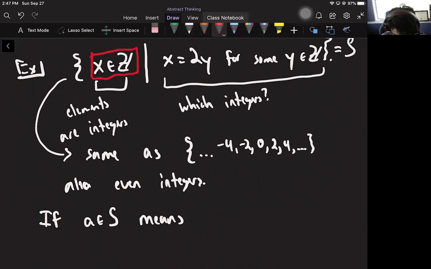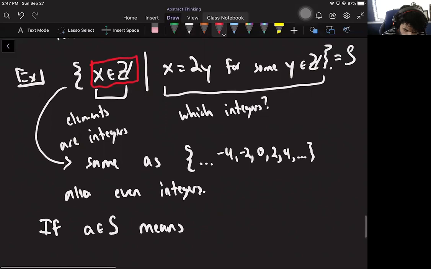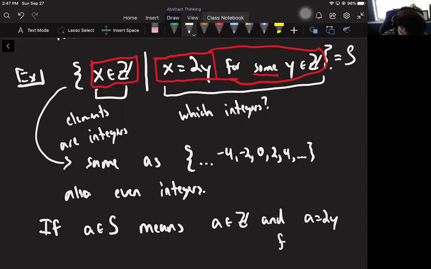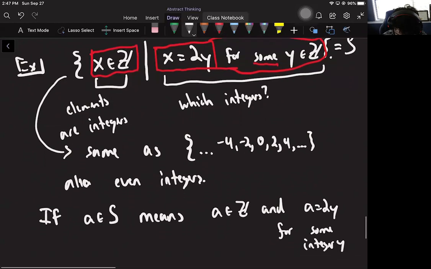It is one of these things. And second of all, it makes this property, which is actually a predicate, be true. So it just fulfills this property. Let me just circle the whole thing. In this situation, that would mean that a is an integer and a equals 2y for some integer y.